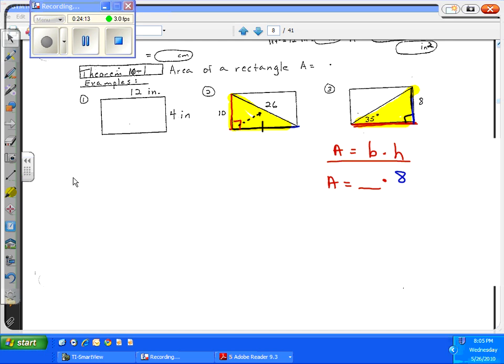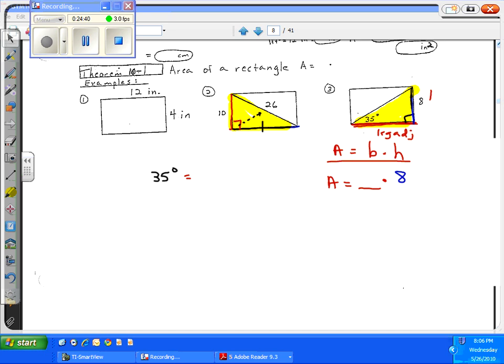To find the base, the first thing we do is write down the acute angle we're dealing with, 35 degrees. We look at the sides given and what we're trying to find and see how they're related to the angle that we chose. They're both legs. The base is the leg adjacent to the 35 because it's one of the sides of angle 35.